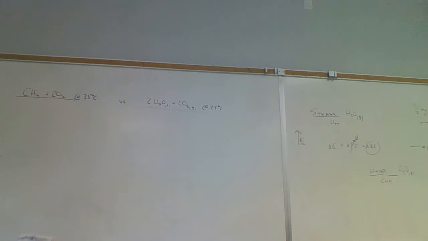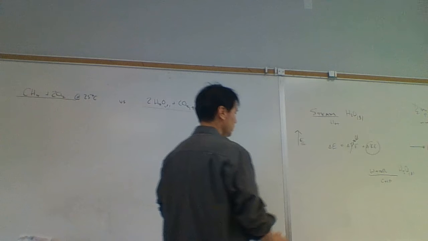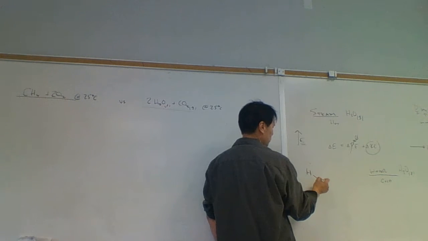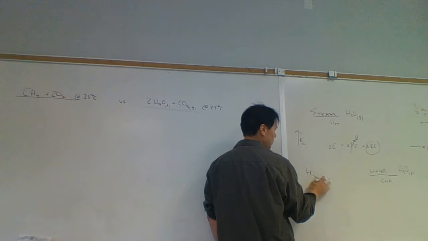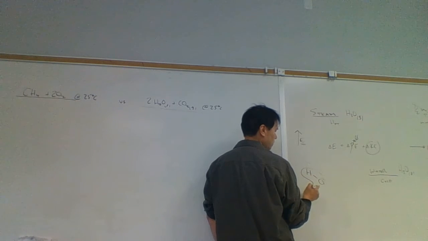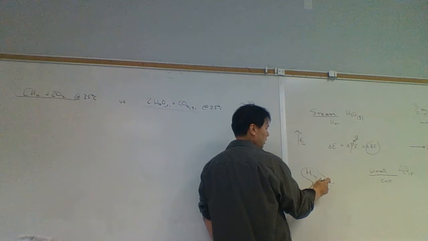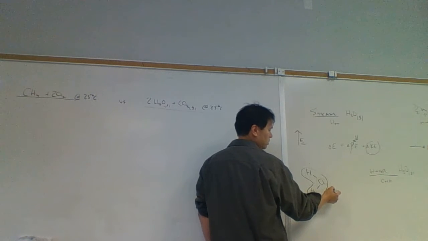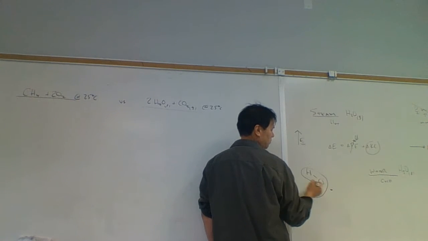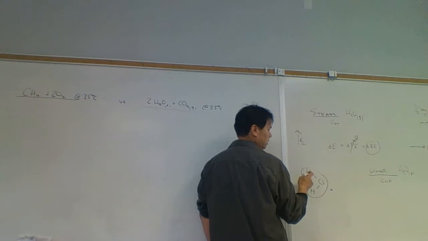So what's the origin of the intermolecular forces? When we look at a water molecule, it turns out that the molecule of water has a negative charge on the oxygen and positive charge on the hydrogens.